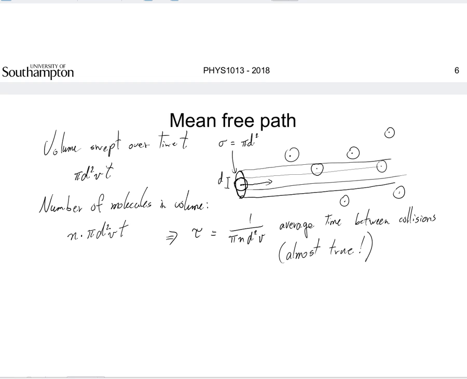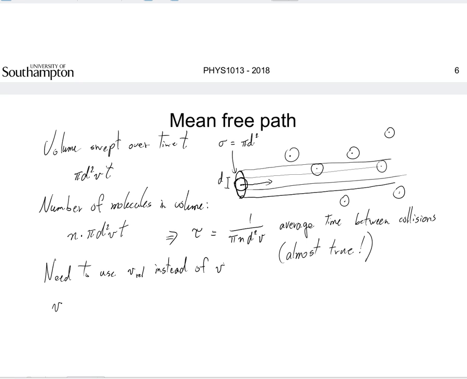Then you have to consider the relative velocity of these two particles instead. So this v should actually be a relative velocity. So we need to use v relative instead of v for the molecule.